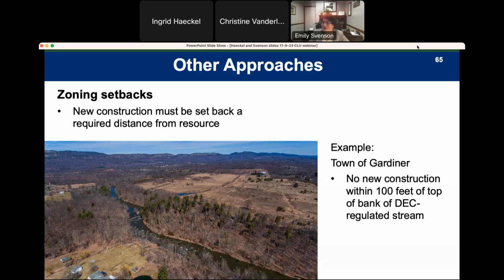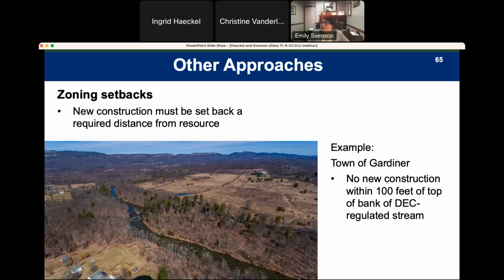So whatever area New York State regulates, the town of Gardner is adding a 100-foot extra buffer of protection, because again, the state protects the bed and bank of the stream only up to 50 feet. And 50 feet really isn't much of a buffer. So the town of Gardner decided we're not going to identify new streams for protection, but we are going to add a buffer on state regulated streams.